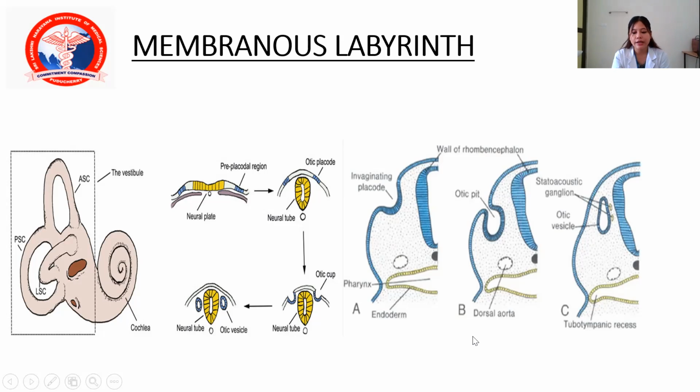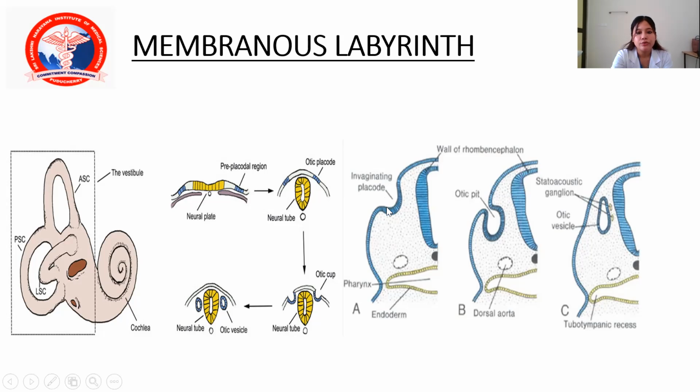So at this level, what we have learned till now, we have learned in this slide that the otic placode has been formed as an ectodermal thickening on either side of the developing rhombencephalon.